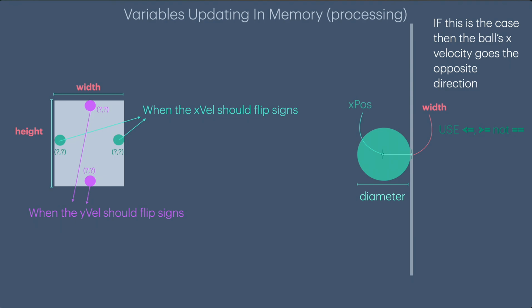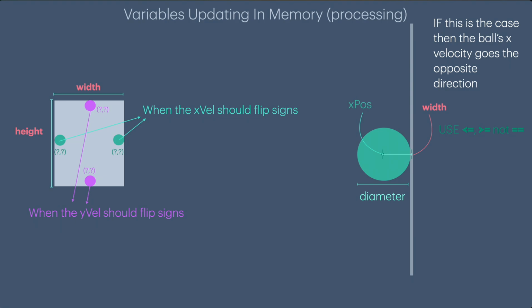To do this comparison, you shouldn't use equals equals. Some people try to use equals equals, and that's not entirely going to work. The reason being that your ball might jump multiple pixels, especially if you have the velocity set to something other than 1. Since the X velocity might be jumping multiple pixels, there's a good chance it's not going to exactly equal something.